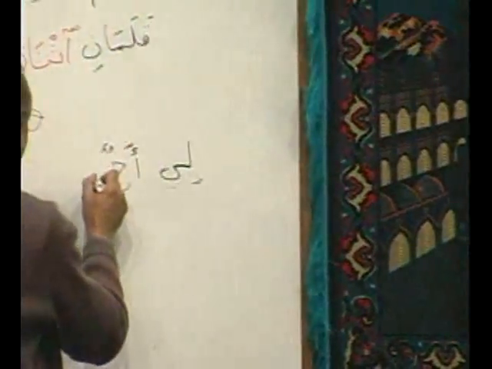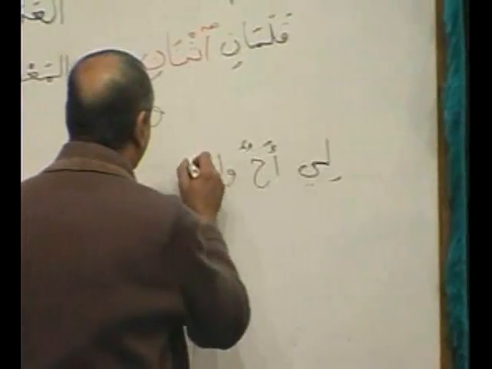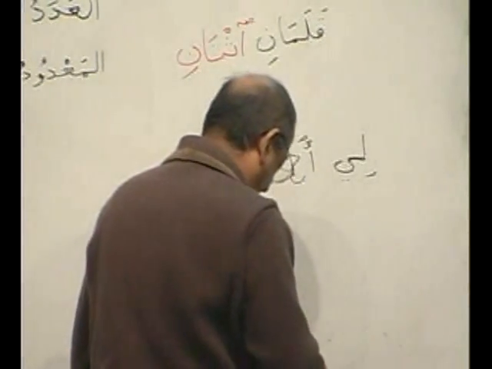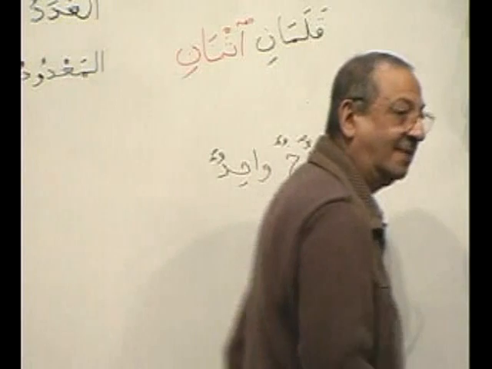Li akhun wahidun. And I asked Brother Salman this question. What is li? Jar majrur shibu jumla khabar. What is akhun? Mubtada. Akhun mubtada. And then what is wahidun? Na't.